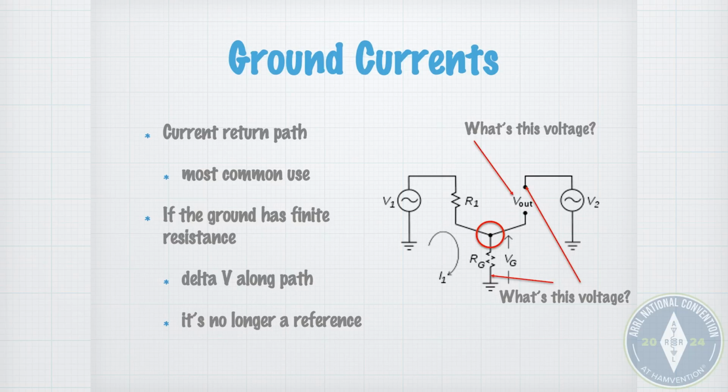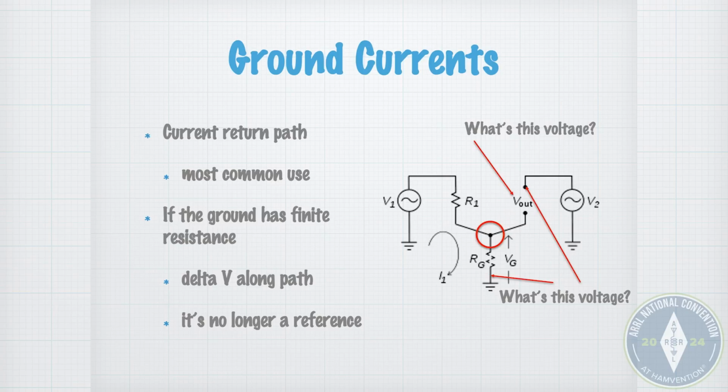This node here with a resistor that's kind of a phantom resistor, and that would be the resistance of the ground system. So if that V1 is making some current flow in that resistor R1, then a little bit of voltage is going to develop on that phantom RG, right? And so you have to start asking hard questions like, what's the voltage where the V out terminals are?